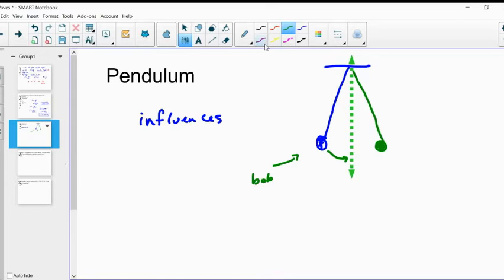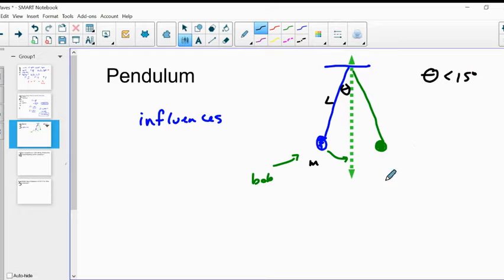What we've learned is that, first of all, you've got this angle here. We've got the length of the pendulum, and we have the mass. Now, if we go way over here, we have that free fall position. We don't want to go there. So we're going to say that the angle has to be less than 15 degrees.